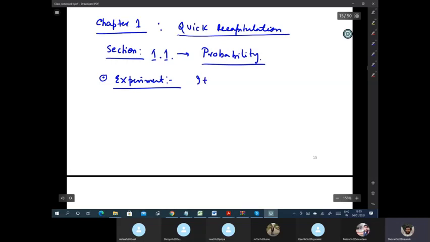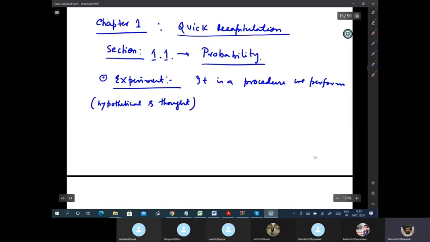It is a procedure we perform. Experiment means you always feel that something in the real world needs to be done. It is not necessary; it may be hypothetical, and a thought experiment is also fine.